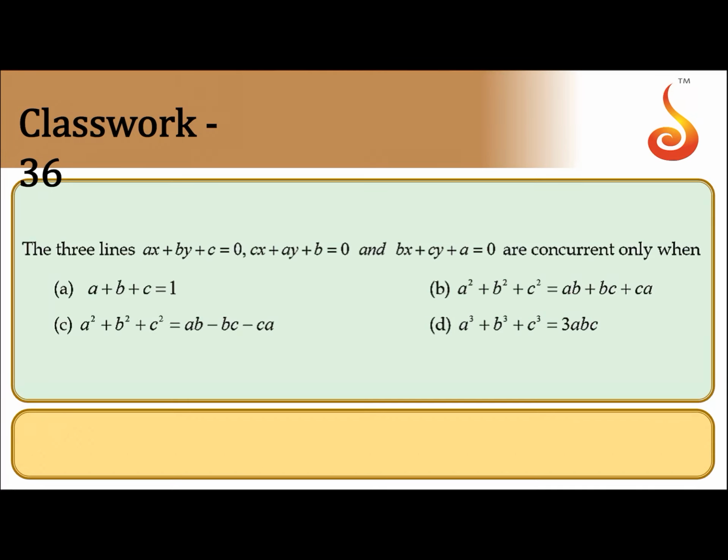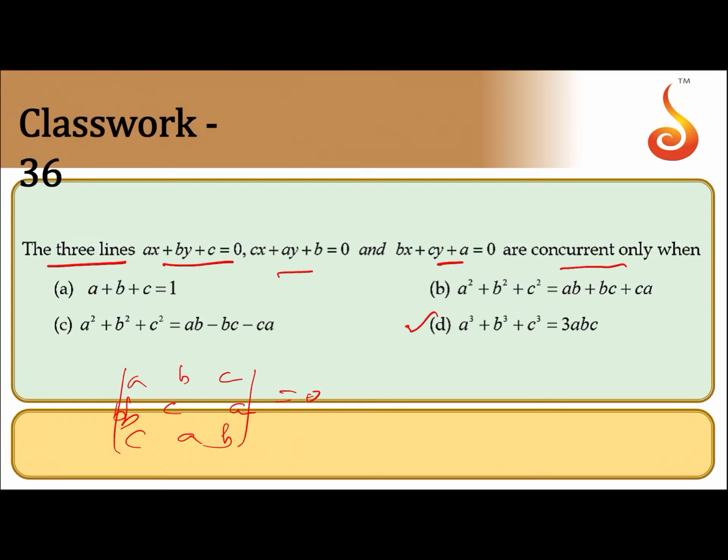Let's come to the next one. The three lines ax plus by plus c and so on are concurrent. Just now we had seen that the condition for three lines to be concurrent is that the determinant of (a b c), (b c a), (c a b) must be equal to 0. So therefore definitely a cube plus b cube plus c cube equals 3abc would be the answer for the problem.